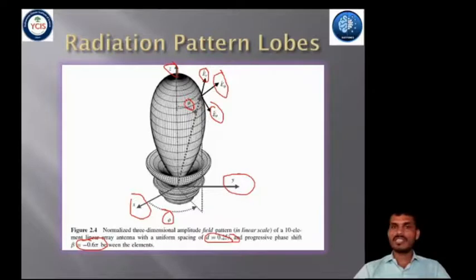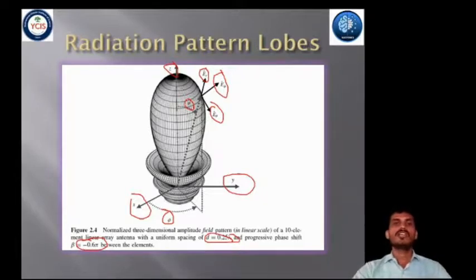So now in today's lecture we have discussed different radiation pattern definitions, that is field pattern in linear scale, power pattern in linear scale, power pattern in dB, then radiation pattern lobes. In radiation pattern lobes there are different types of lobes present: major lobe and minor lobe. In the major lobe there is maximum radiation intensity. In the minor lobe there is minimum radiation intensity.